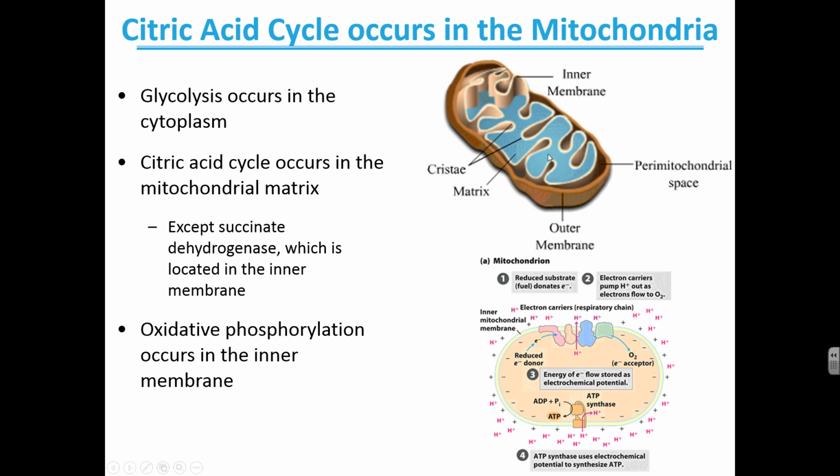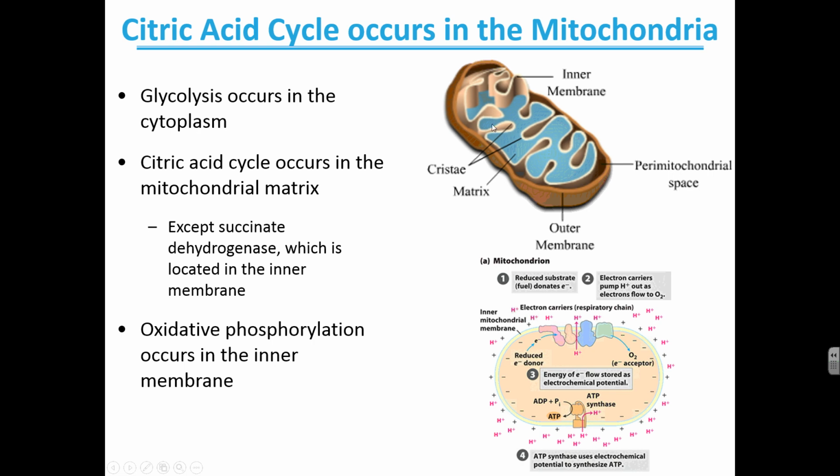And I know we're not quite there yet, but eventually we're going to see how all of our reduced electron carriers can move through the electron transport chain. The actual enzymes that make up the electron transport chain are going to be inside transmembrane proteins within this inner mitochondrial membrane. And we're going to use the inner membrane as a selective barrier so we can build up concentration gradients.